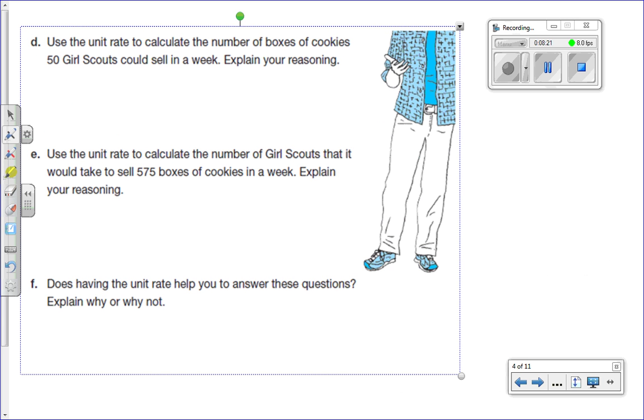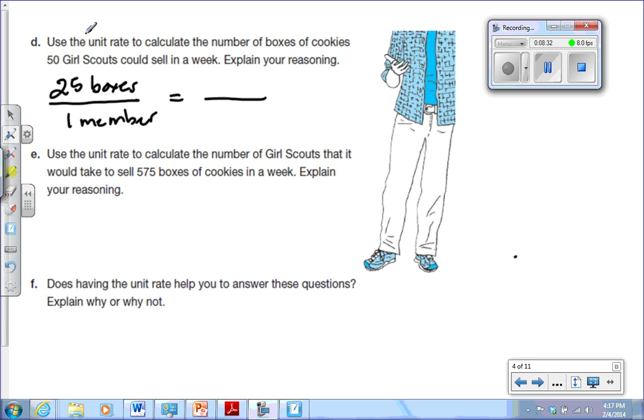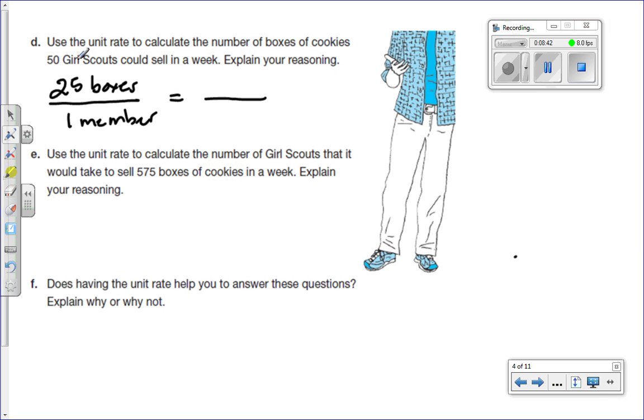Next, it's asking us to use the unit rate to calculate the number of boxes of cookies 50 Girl Scouts could sell in a week, and then explain yourself. So in order to set this proportion up, you have to think about what they're asking you for. So we would start with our unit rate of 25 boxes per member. And this is telling us that they want to know 50 members or 50 Girl Scouts.